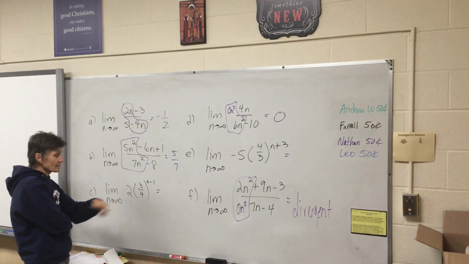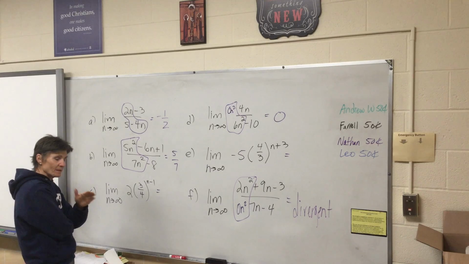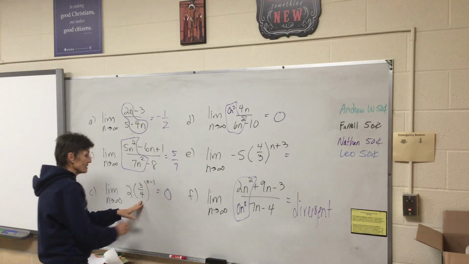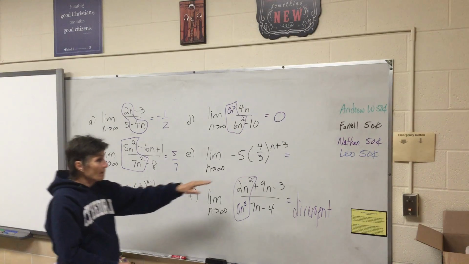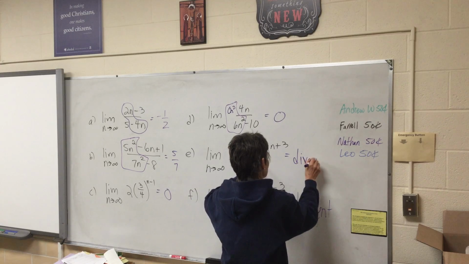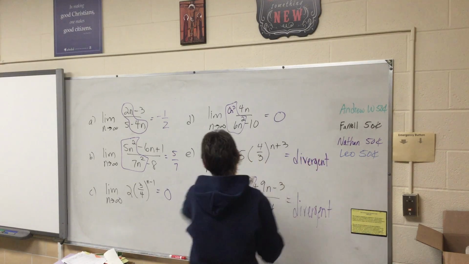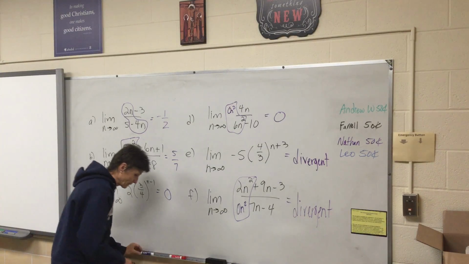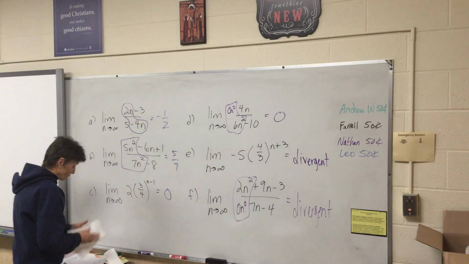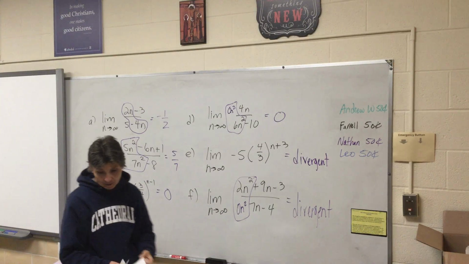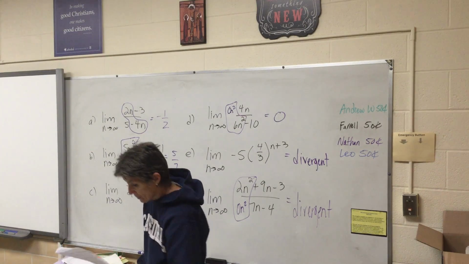If this number is less than 1, the limit is 0. If this number is bigger than 1, there is no limit. Okay.